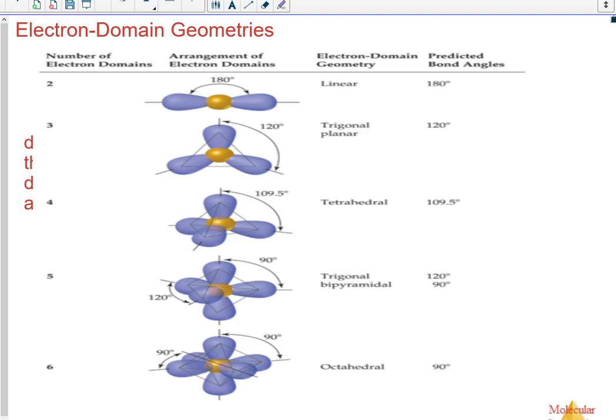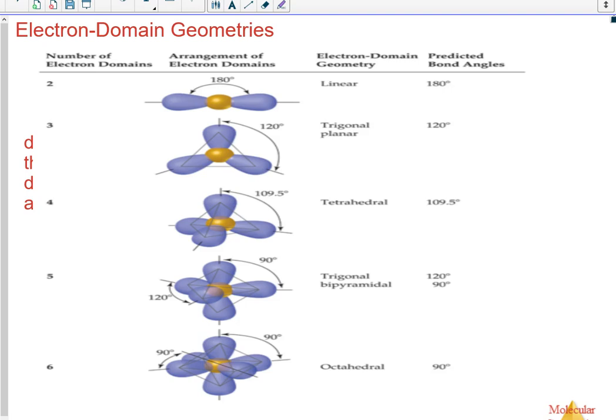Because this is the exact same structure your balloons make when you tie them together, which is pretty random that they match, but they do. And they do because of the same idea. Balloons occupy space and will orient themselves away from each other. They'll push against each other. Just like pairs of electrons, they will push each other away.